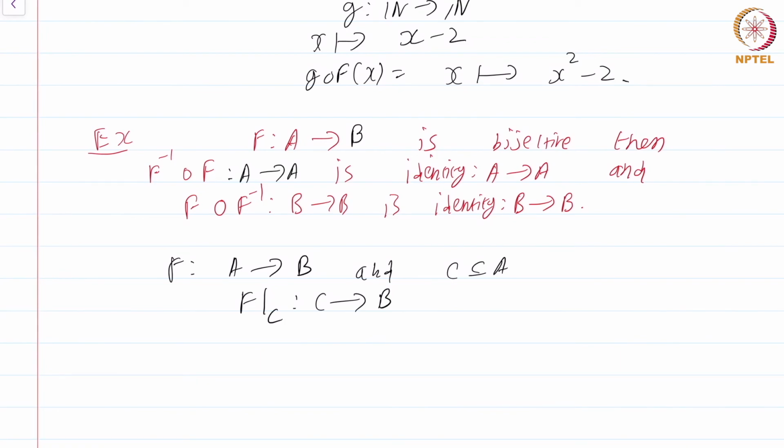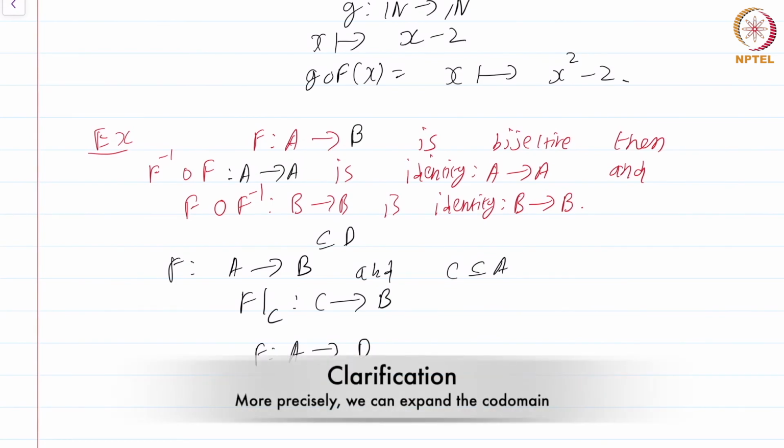That same rule you are applying to a subset. Similarly, if you have a function f from A to B and B is a subset of some D, then you can also consider f as a function from A to D. You can also expand the range.